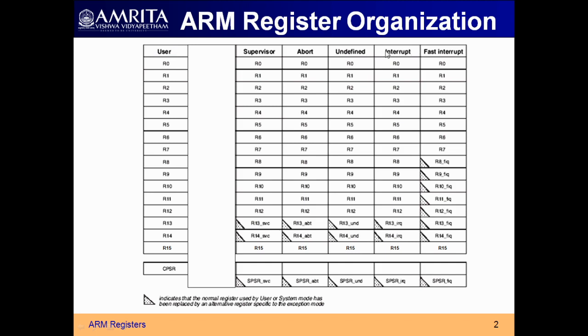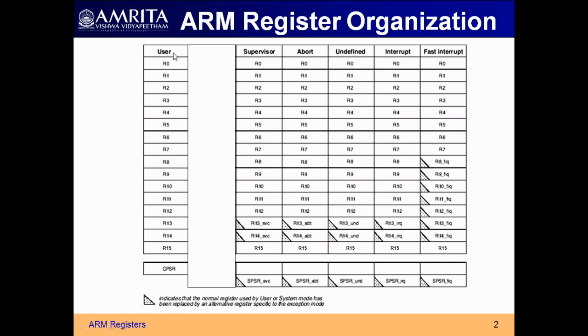Similarly, when the processor is trying to execute a normal interrupt request or fast interrupt request, the processor will move from user to corresponding interrupt mode. The more details regarding the processor operating modes I will be explaining in the next lecture. If you want to get more details, you can go through that.